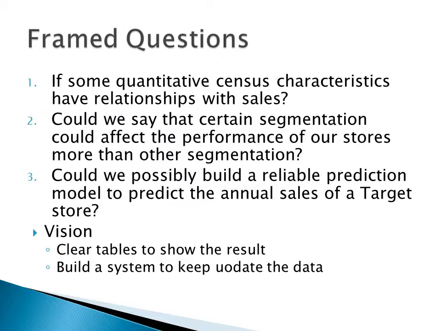And then I want the company to build a system to store this data, and not only keep this data, but keep updating this data, because it will make this data helpful for a long time.